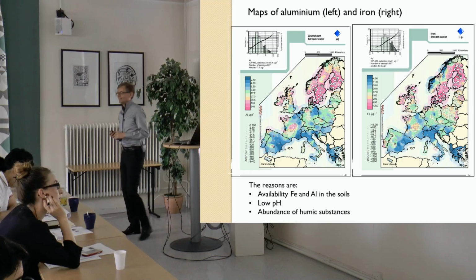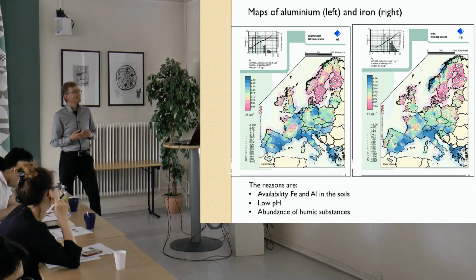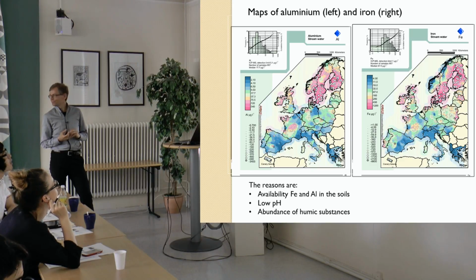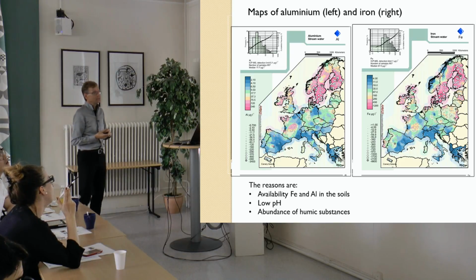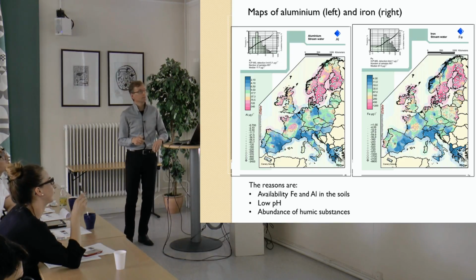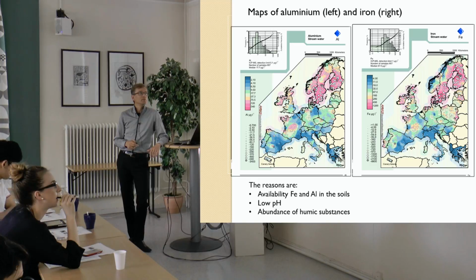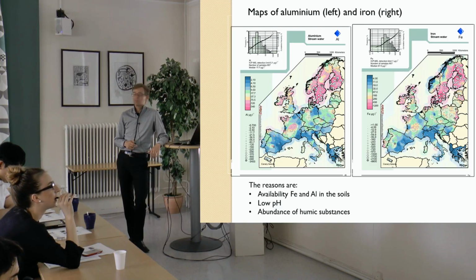And here are two other maps of aluminium and of iron. Two metals, especially iron, very important for the ecology, it's a nutrient. But both of these can also be toxic, especially aluminium.